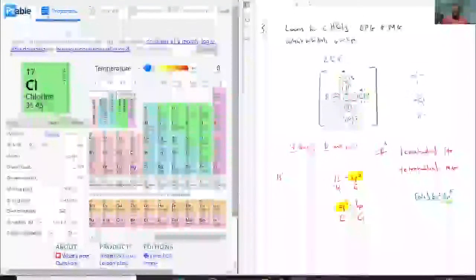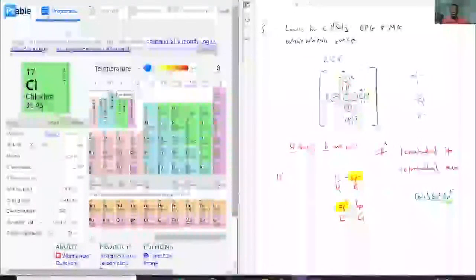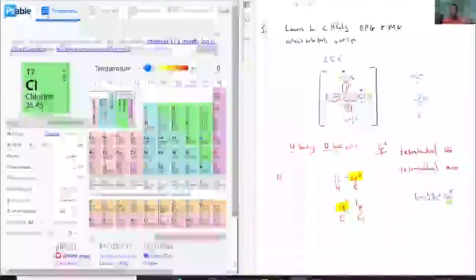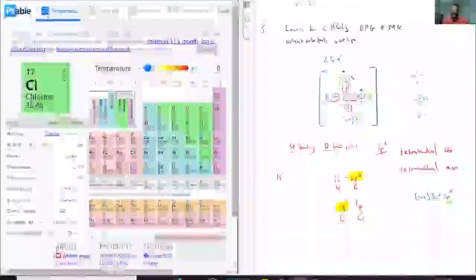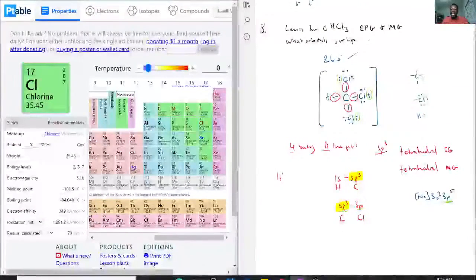And what carbon did was say, hey, I can help you fill those out if you share this electron with me. So while this carbon is sp3 hybridized, that is why it's attached to the 3p and not the 3s. Overall, we learned it was 3 from the fact that it is the outermost shell, the valence electrons, and it's going to be the p orbital because we fill from the lowest energy to the highest energy, and the p was the outer energy to which carbon is going to attach itself.